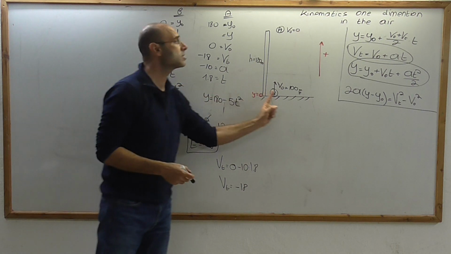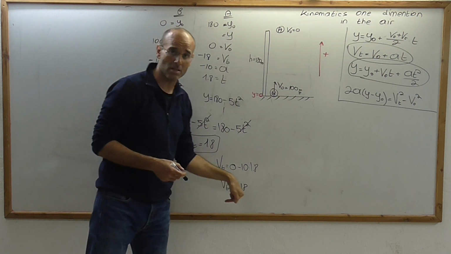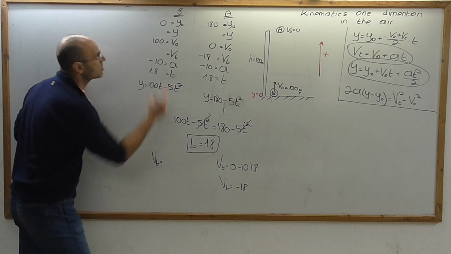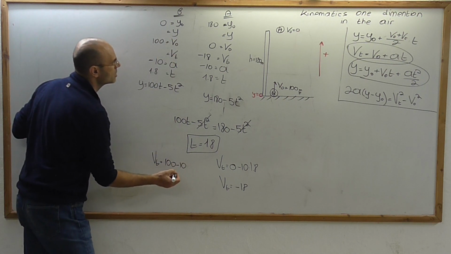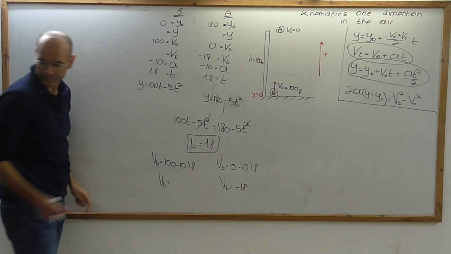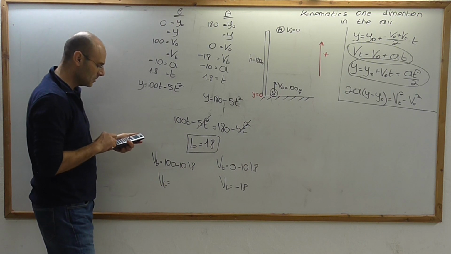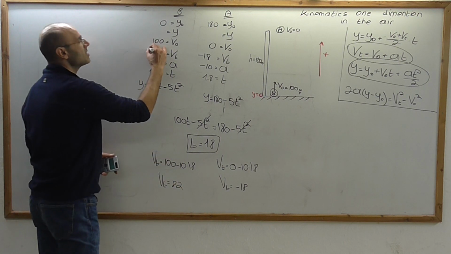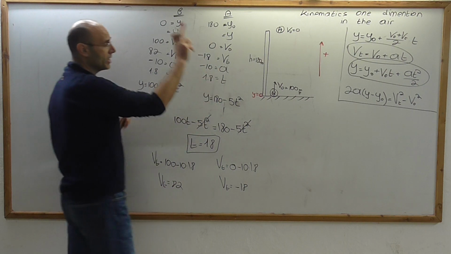If it will be plus, it meets it when it goes up. If it will be minus, it meets it when it goes down. Let's see. So v final equals v0, which is 100, minus a, which is 10, multiplied by 1.8. So v final will be 82, right? I'll calculate it anyway. 82. It's positive. Positive means that it met it when it was going up.